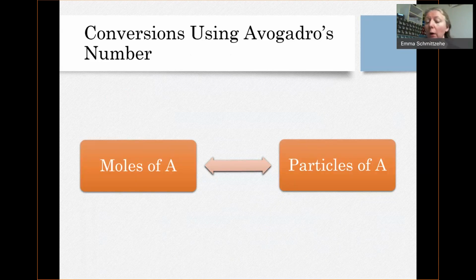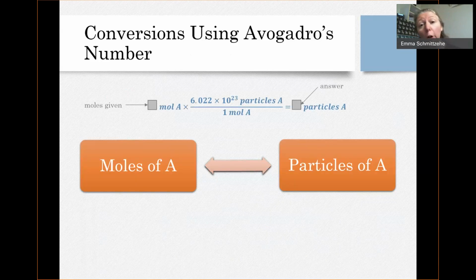The setup is going to be the same. If, for instance, we were going from moles to particles, then you would start with moles given. That box is where you put the number of moles of that substance that you're given. Then you multiply by a ratio to cancel the moles and give you the particles.